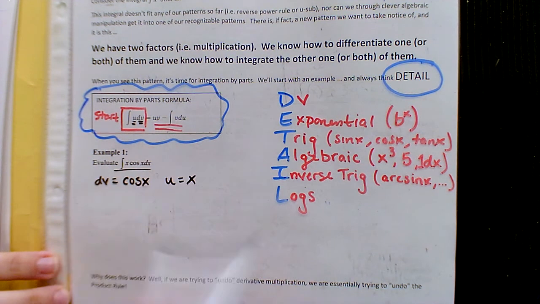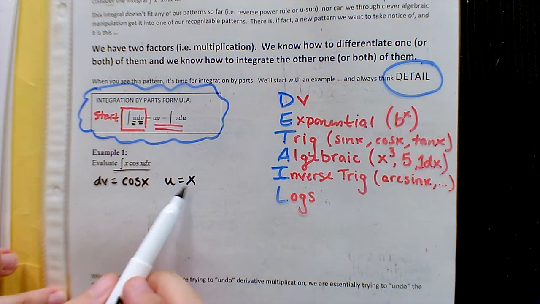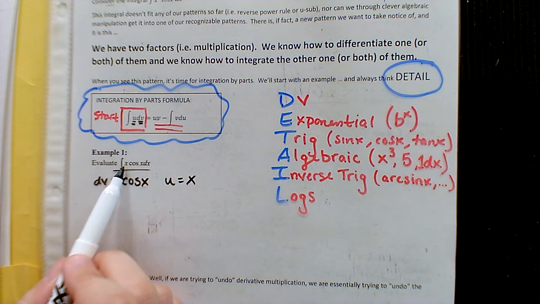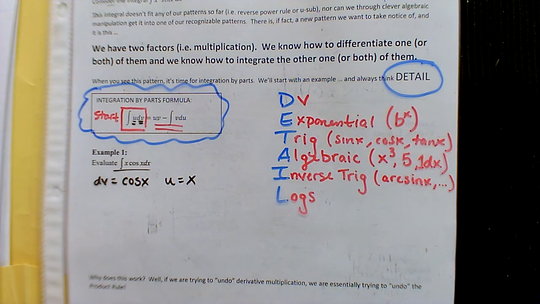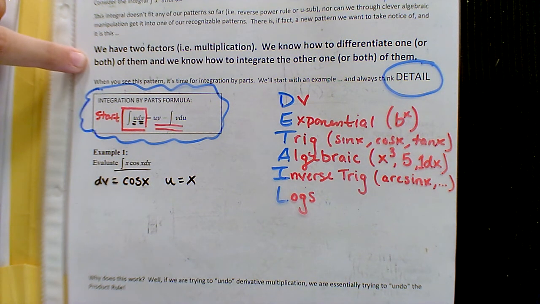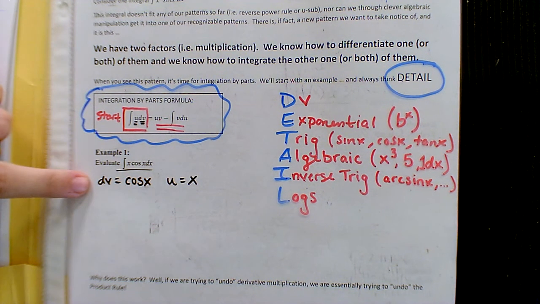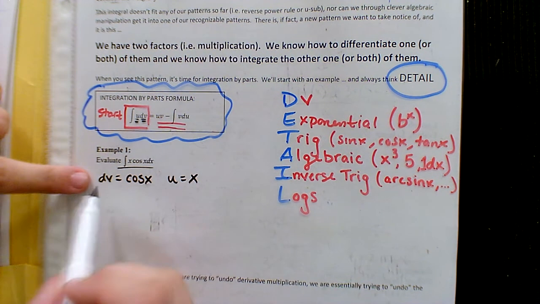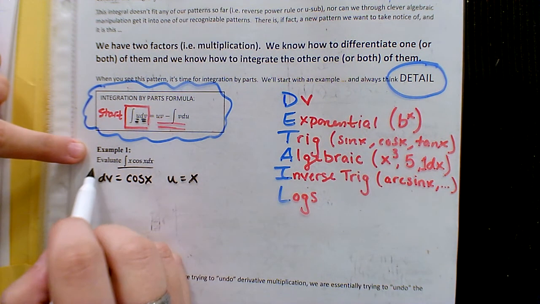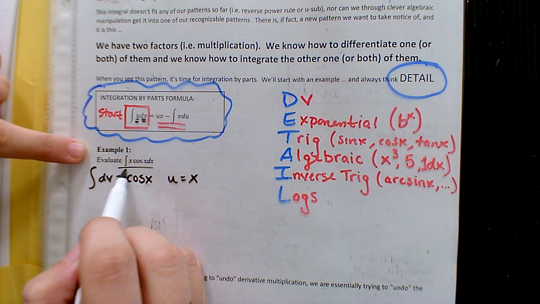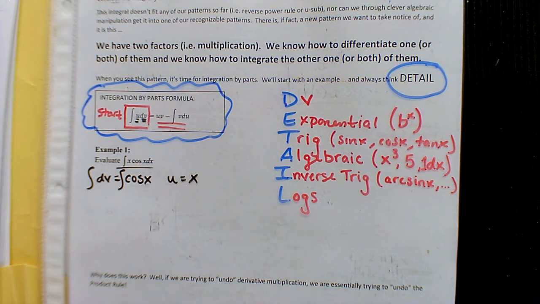So we'll say cosine of x is dv, and then the x part will be u. Okay? So when we have these two things showing up here, you can integrate at least one of them, and you can differentiate at least one of them. We're going to go through that down here. Whatever you label as dv, we're going to work backwards from that.